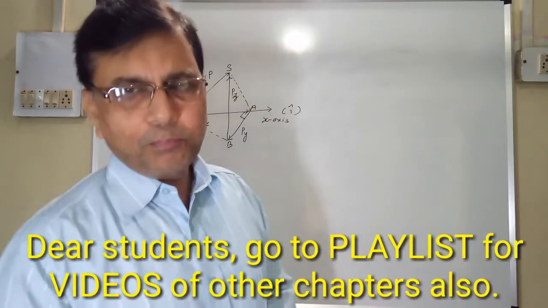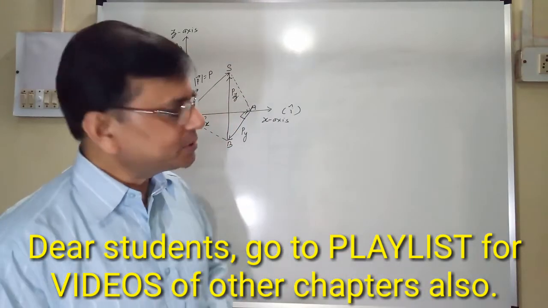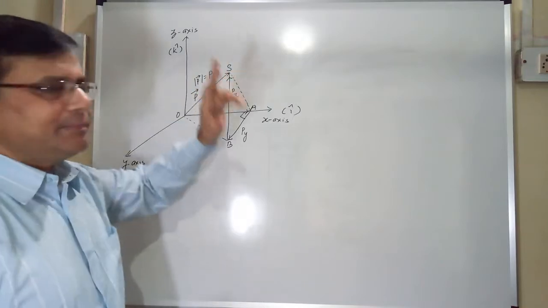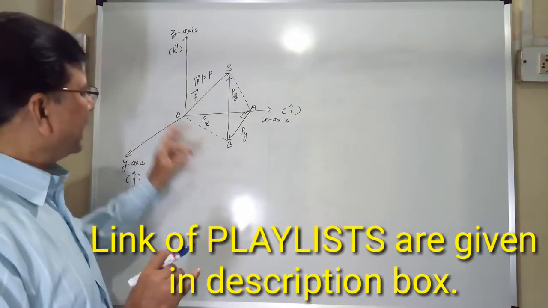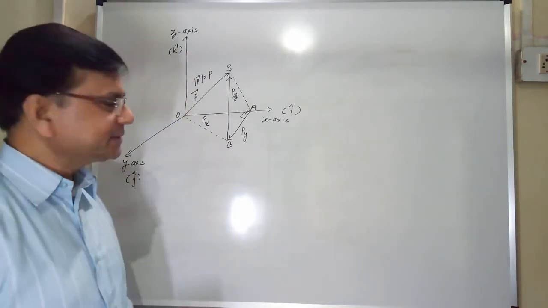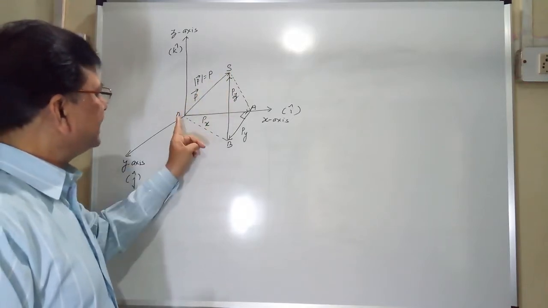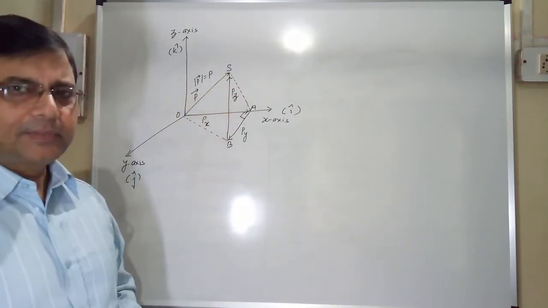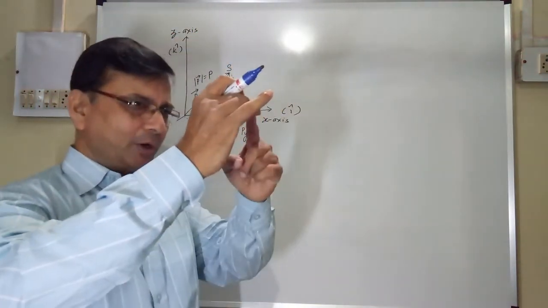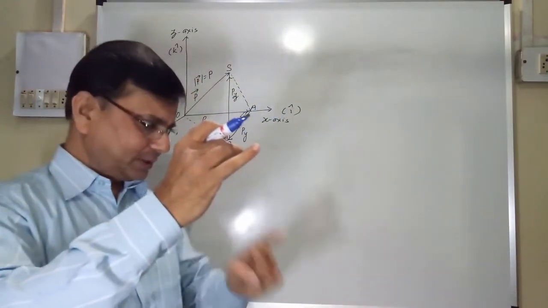If the point is in space, we will have to use the 3-dimensional coordinate system. In that case, in a similar fashion, if S is any point in space and x, y, z are rectangular coordinate axes, and the position vector of the point S is P, I am dropping perpendiculars from this point on the x-axis, y-axis, and z-axis.